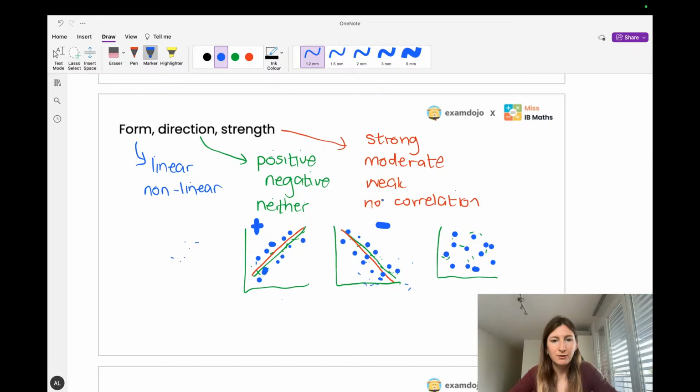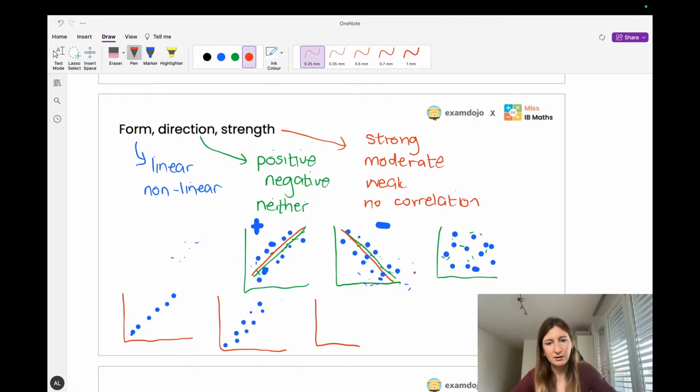Then strong, moderate, weak, and no correlation. That would look like, strong would be following a very clear line like that. That would be strong. Then moderate would maybe be a bit more like something like that.